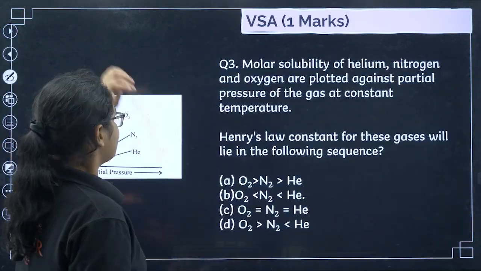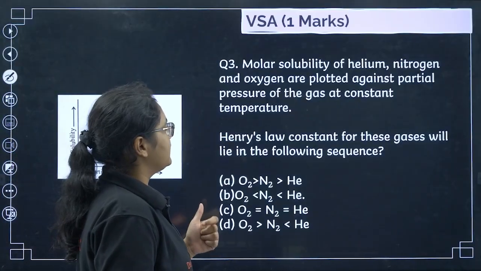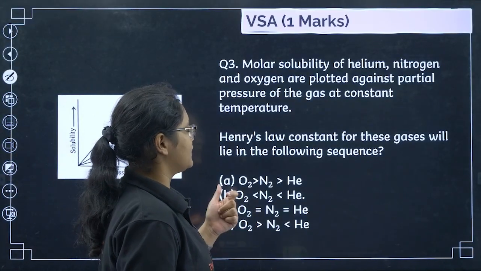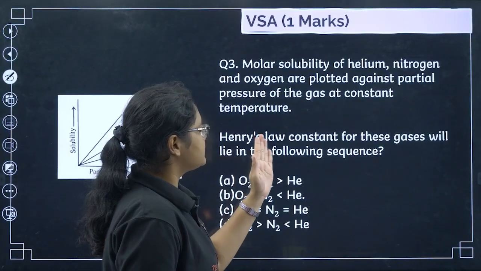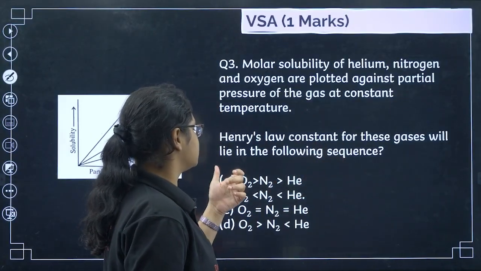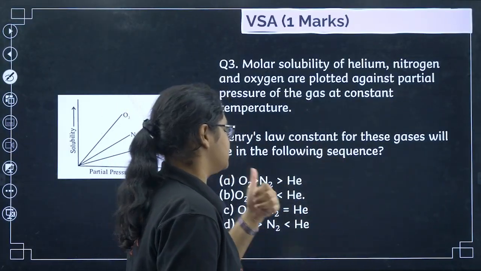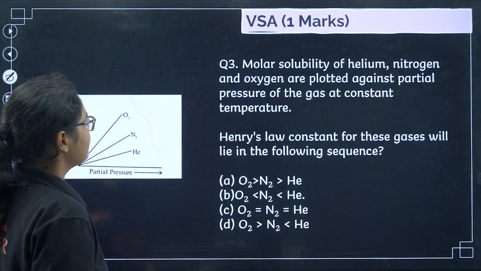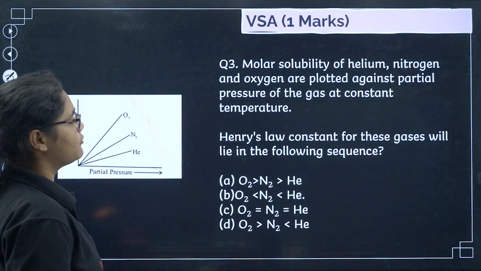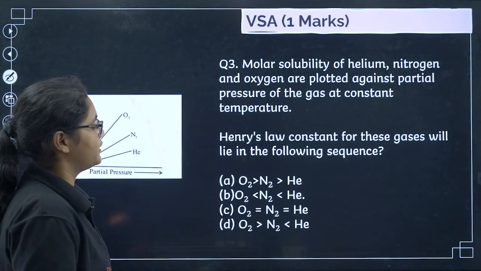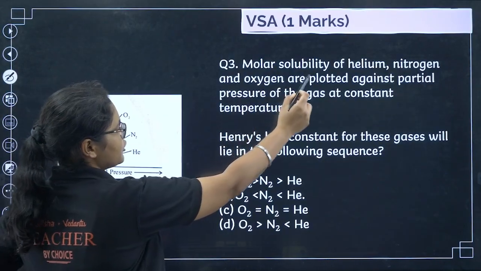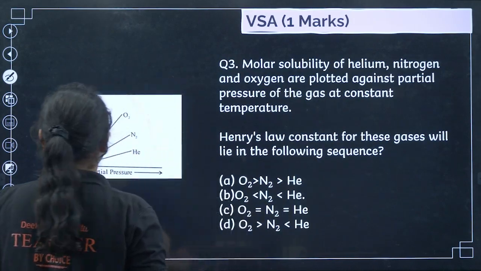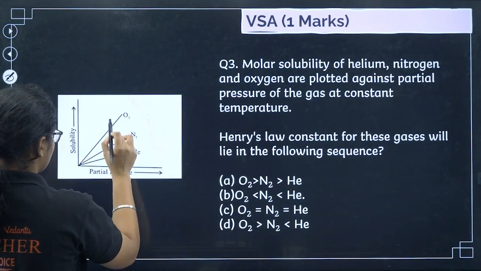Next, molar solubility of helium, nitrogen and oxygen are plotted against the partial pressure of the gas at constant temperature. Henry's law constant for these gases will lie in the following sequence. So if you see solubility, let's compare at a particular pressure.